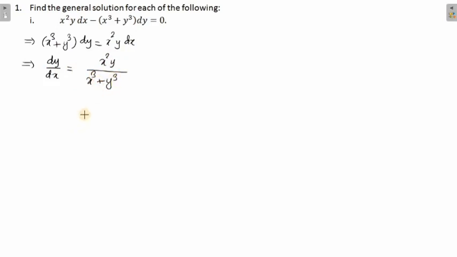Now I said dy by dx has to be written as f of y by x. So here you must have y by x, here also you must have y by x. In order to get y by x, I will divide numerator and denominator by x cube. Let's see what we get.